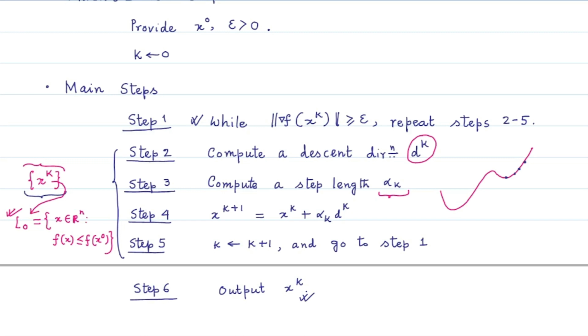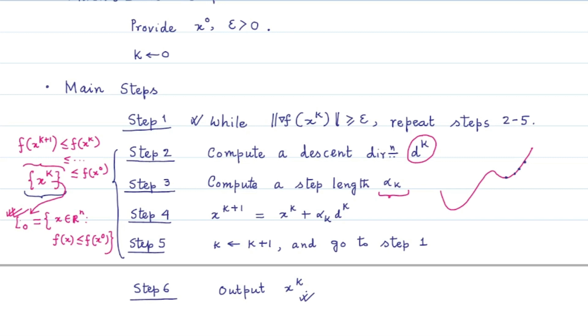Because we are generating the sequence x_k such that the descent properties hold, we have f(x_{k+1}) less than or equal to f(x_k), and ultimately this is less than or equal to f(x_0), and hence the sequence x_k generated by a descent method lies inside this initial level set L_0.